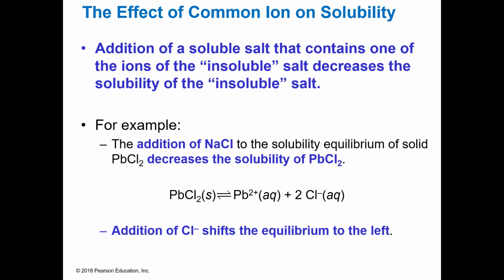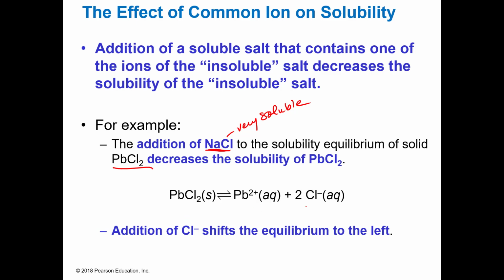My example in a minute is going to be NaF, I think. But if you add sodium chloride, which is very soluble, that's table salt, to the solubility equilibrium of lead chloride, which we know is not very soluble.